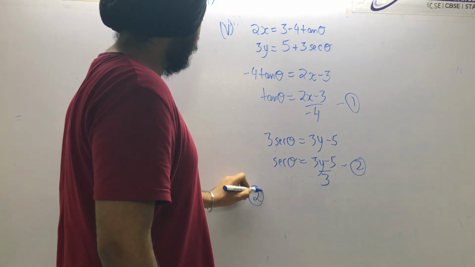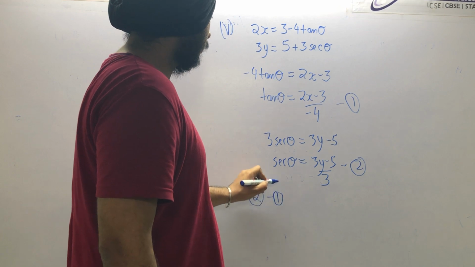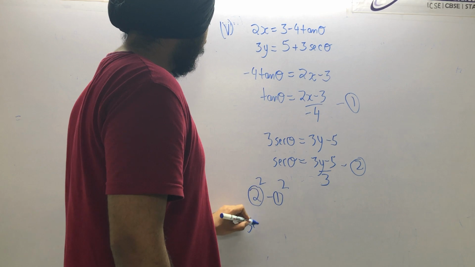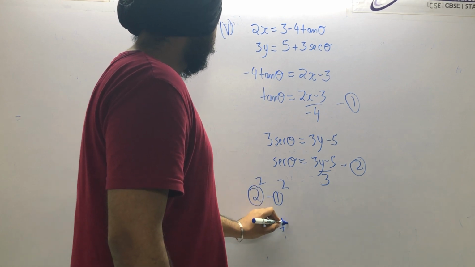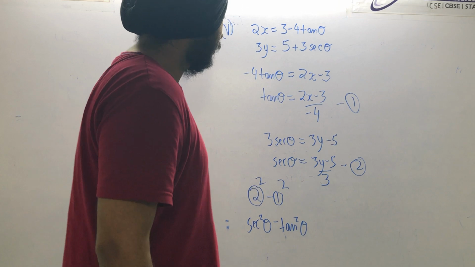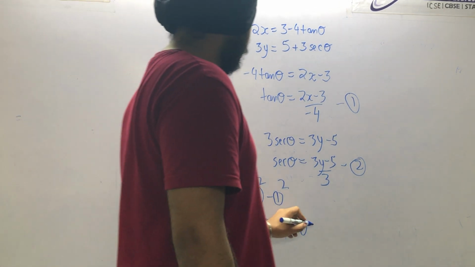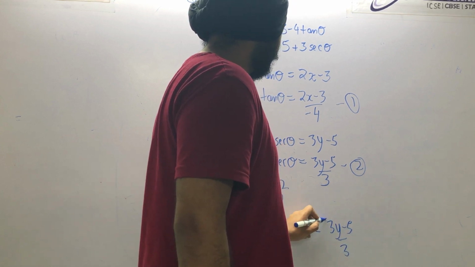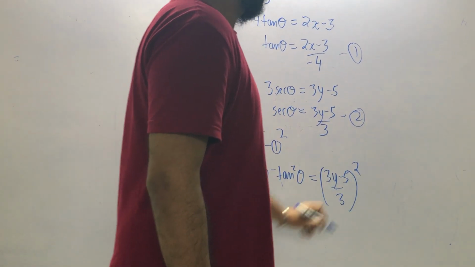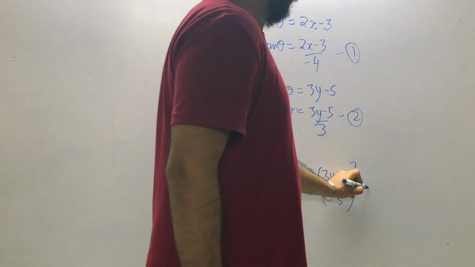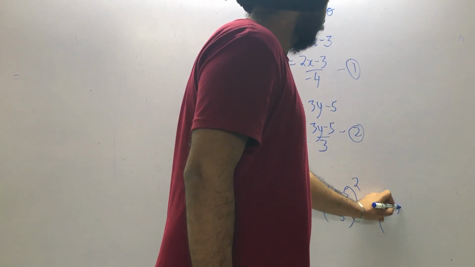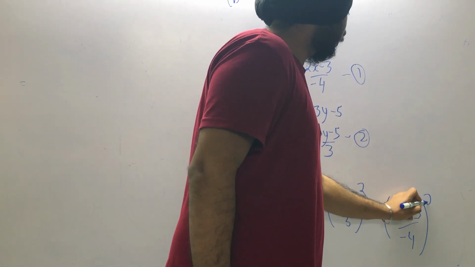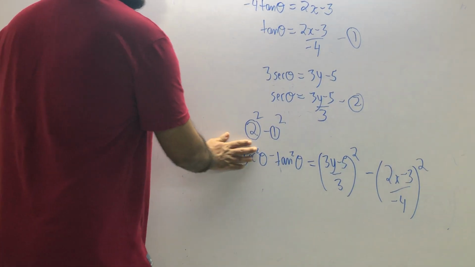So that is equal to sec square theta minus tan square theta. Okay. Now sec square minus tan square theta is 1.